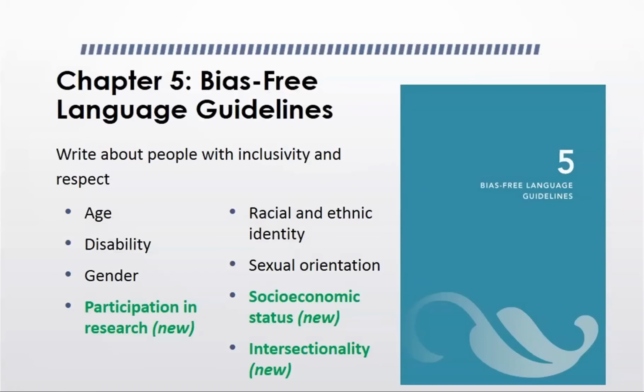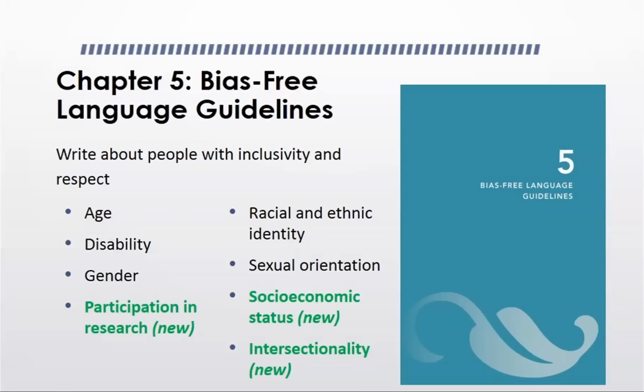In Chapter 5, we've now dedicated a whole chapter to APA's bias-free language guidelines. These guidelines help people write about others with inclusivity and respect. And I wanted to point out how much this is tied to APA's mission of helping and supporting people who are in marginalized communities.